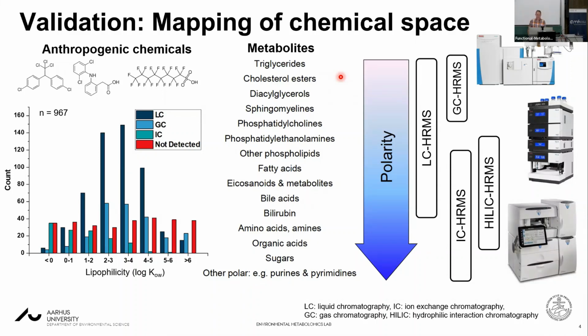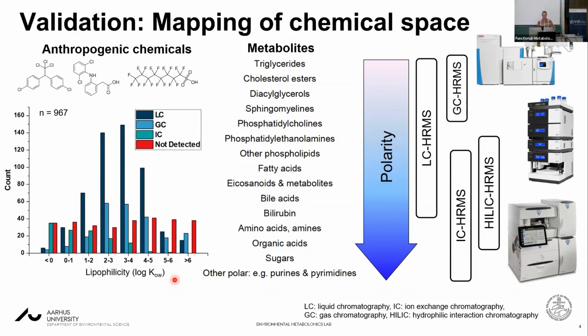First of all, we use different platforms. We use GC Orbitrap system, LC Orbitrap, and ion exchange Orbitrap system. And it is quite known from the Metabolomics Society what kind of metabolites are being retained and can be detected on the different platforms. So we also did that with anthropogenic chemicals, trying to map what chemicals are being detected on the various platforms and if there were any systematics.